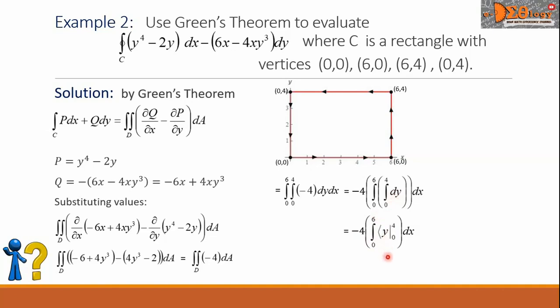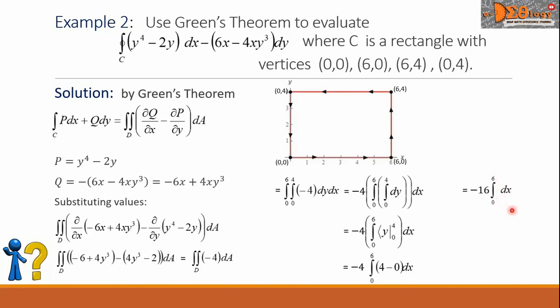Then we evaluate this from 0 to 4. We simplify this further into 4 minus 0, and this becomes 4. This 4 is a constant, so we just multiply this with the negative 4 outside. We simplify this further into negative 16 times the integral from 0 to 6 of dx.